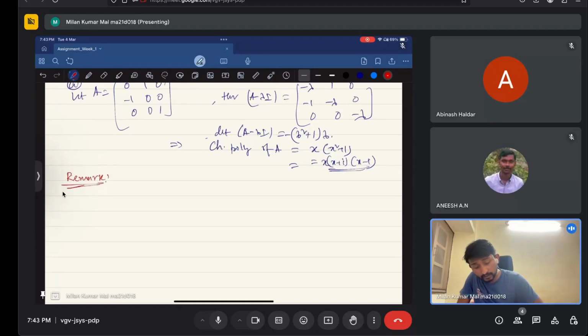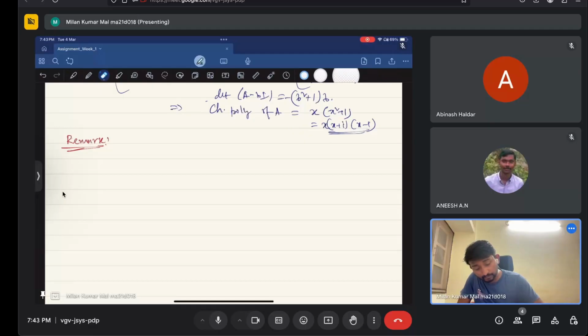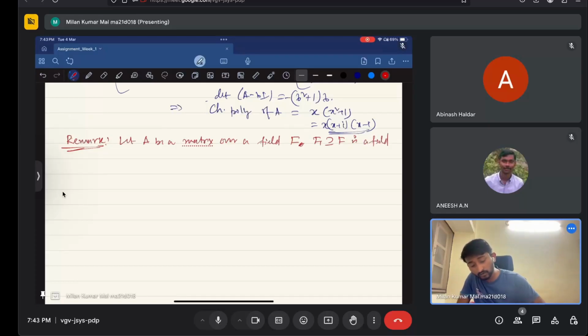What I just want to say here is this: let A be a matrix over a field F, and F1 is a field which contains F as a subfield.